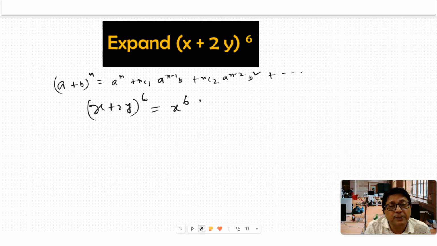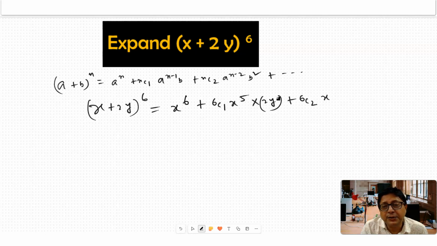So it will be x to the power 6, 6c1 x to the power 5 2y, 6c2 x to the power 4. You just remember that when you are expanding, the sum of the indices should be equal to the index given here: 5 plus 1 is 6, 4 plus 2 is 6.